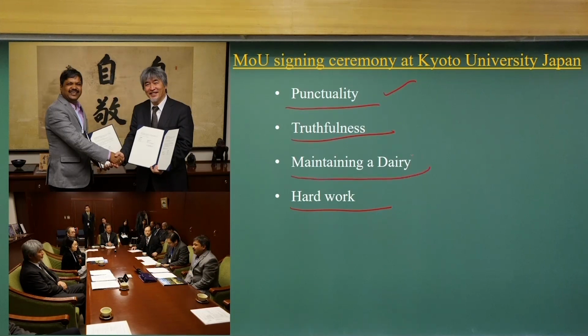Another thing I want to tell you is that we do not have a habit of maintaining a diary, but any Japanese person, if you look, is very good at maintaining a diary. That is the reason their brain is kept free. They are very particular about maintaining a diary and planning activities in very systematic ways.